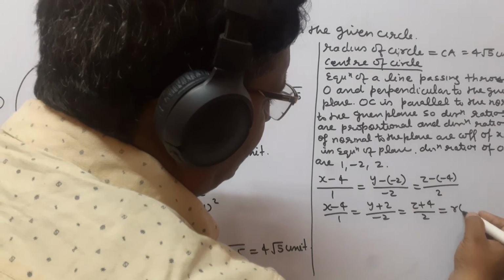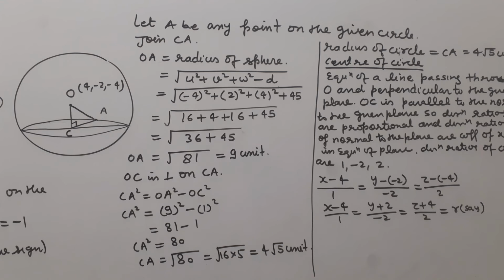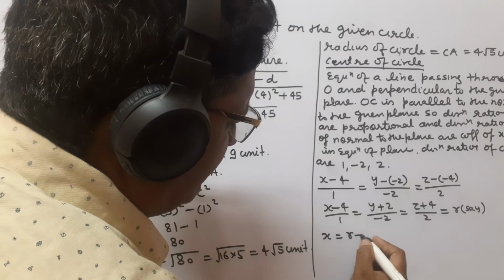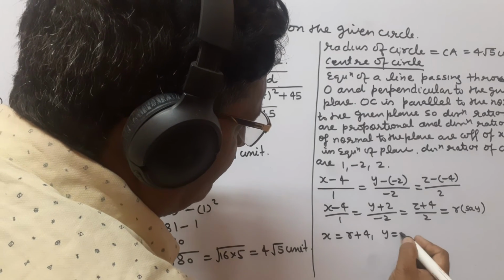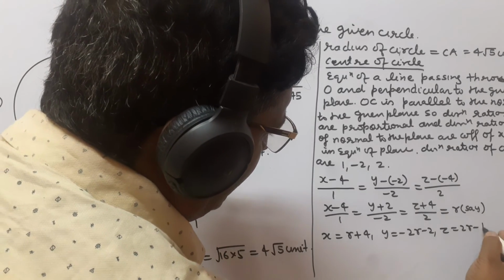We suppose that this is equal to r. Now we find here the values of x, y, z in terms of r, that is x is equal to r plus 4, y is equal to minus 2r minus 2, and z is equal to 2r minus 4.